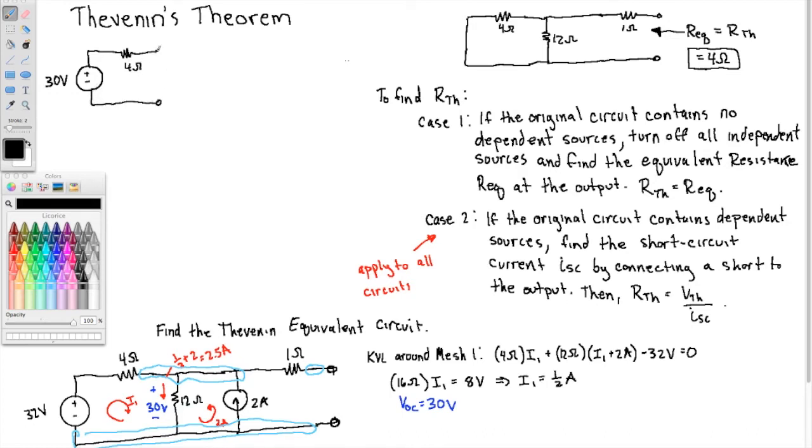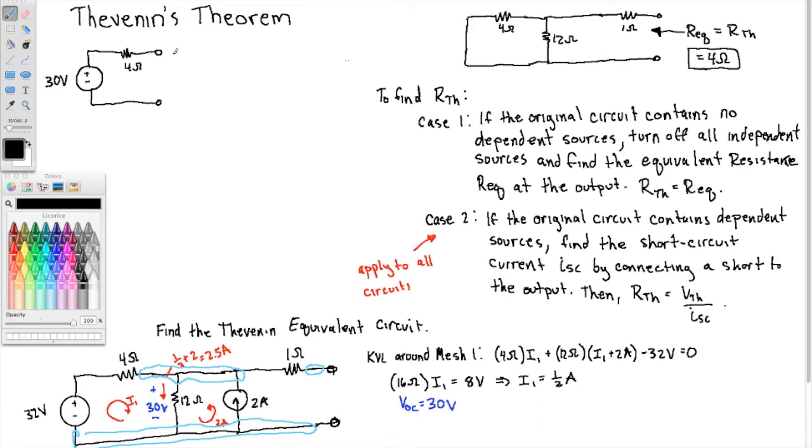That's it. And the claim is that whatever I connect here to the original circuit will draw the same voltage and current if I connect it over here to the Thevenin equivalent circuit.